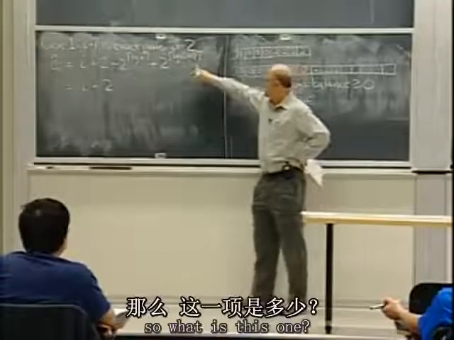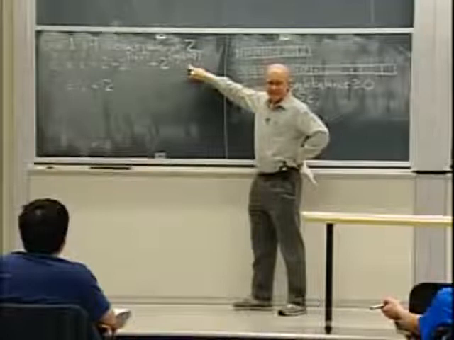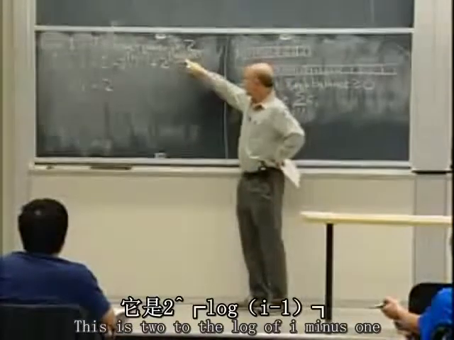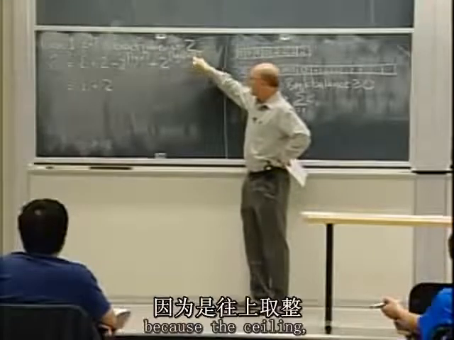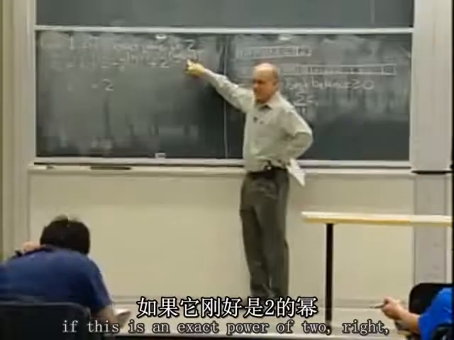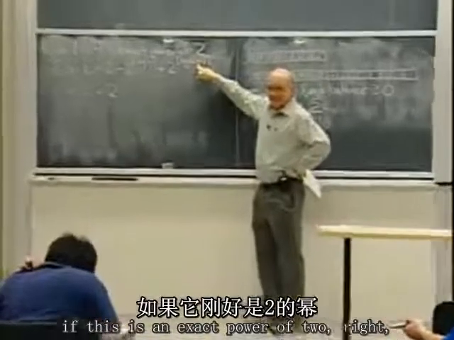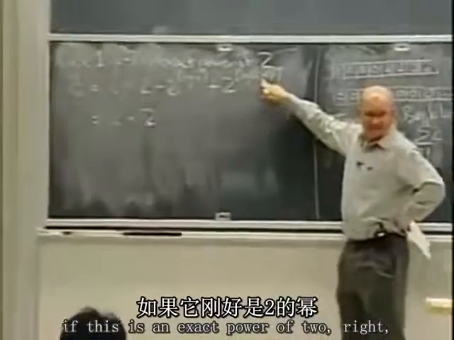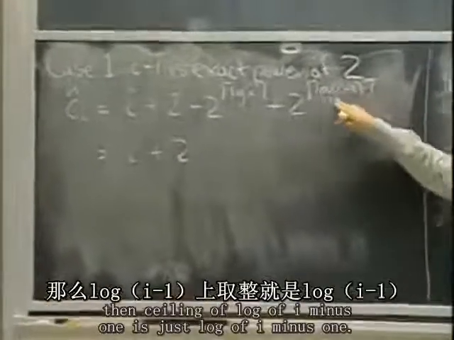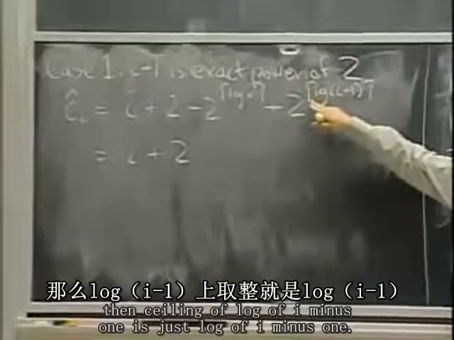Okay, so what is this one? This is 2 to the log of I minus 1, because if this is an exact power of 2, then the ceiling of log of I minus 1 is just log of I minus 1.